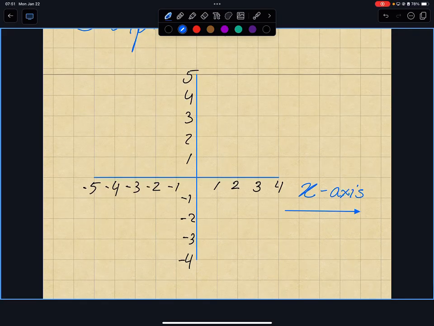And on the vertical one, you name it the y-axis. X and Y.